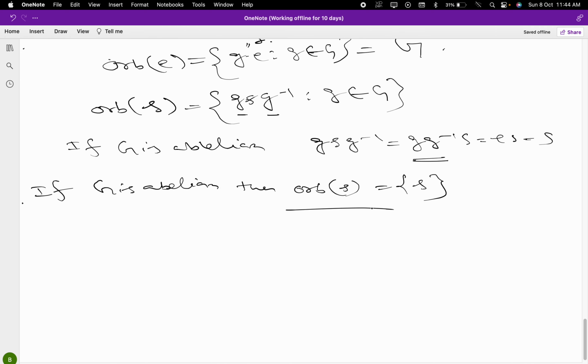Okay, so this is an example where the orbit may not be the entire set, right? And you can definitely take some other examples also. You can verify this, and I think this much for today is enough.